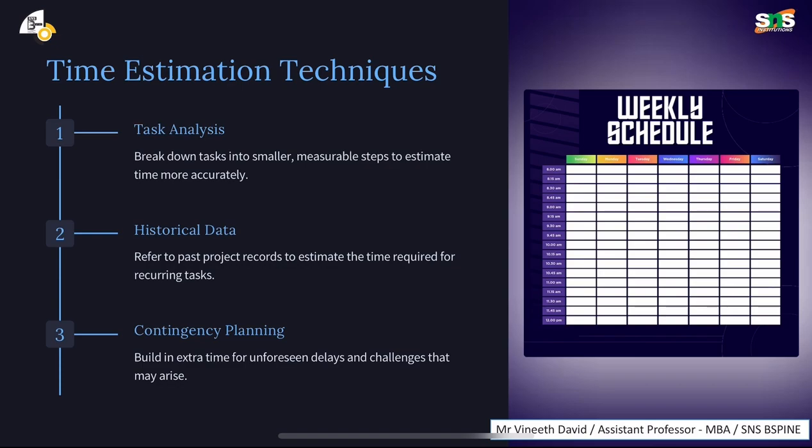And next, build in extra time for unforeseen delays and challenges that may arise. At some points, situational things cannot be measured within the time package which we are going to assign for a project. Either the tool cannot be processed in that time properly, or else a system error can occur. At that point, we should add those things into the project, and we should calculate the overall times.